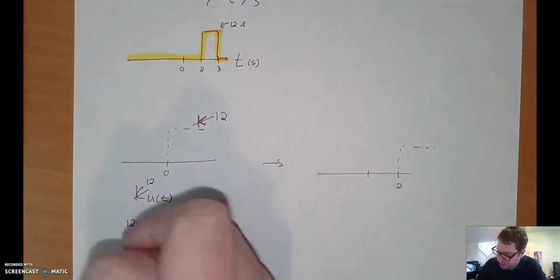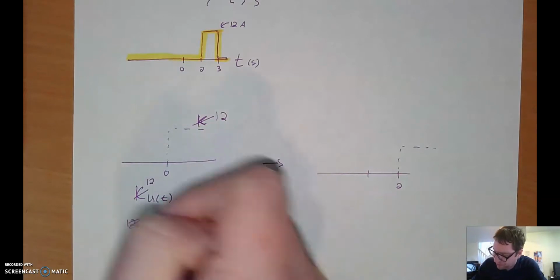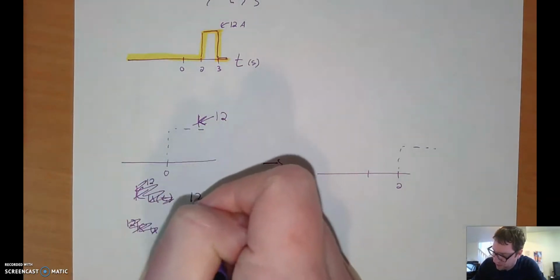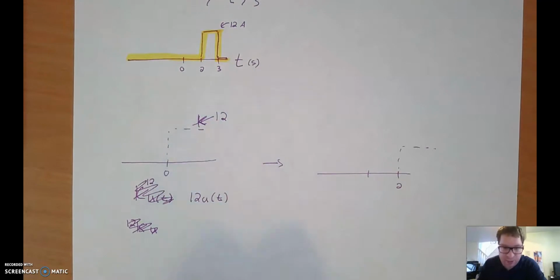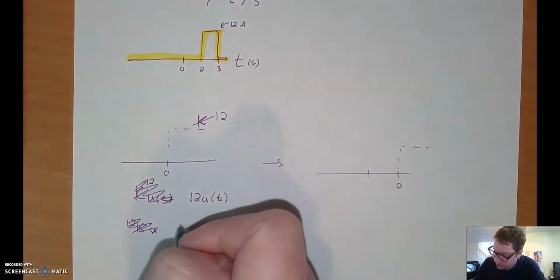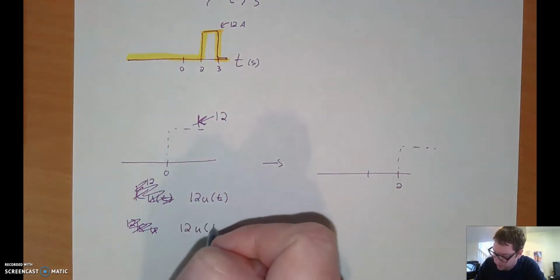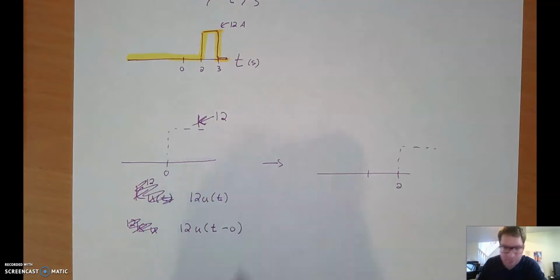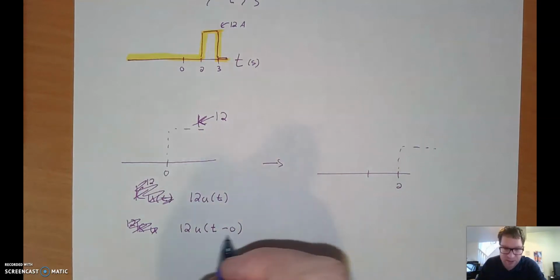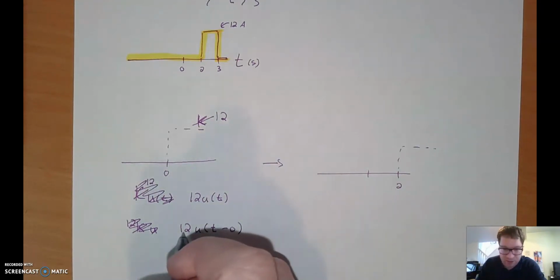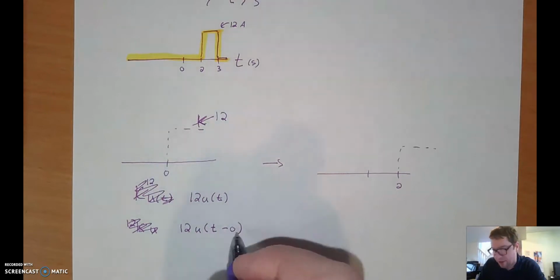Alright, so we have 12 u of t. That's what we had last time. But I could also write this as 12 u of t minus 0. Nothing will change when I get to 0. So when it's at 0, we get 0 minus 0, which is 0, which means that right after it'll be equal to 12.